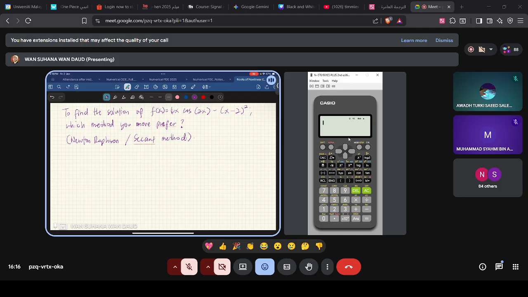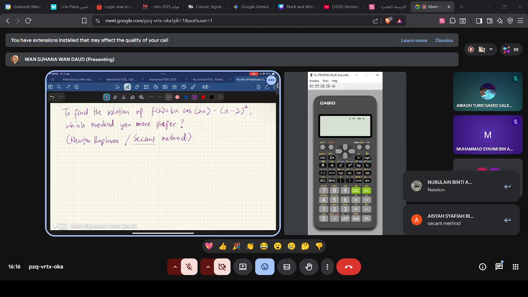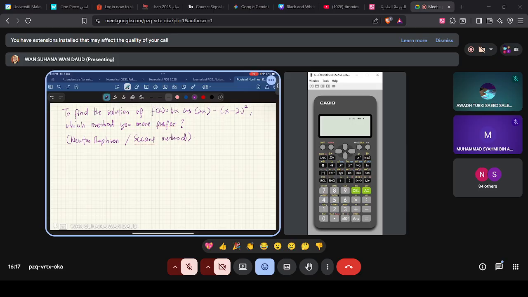No one? No answer? Okay, Yanu said Newton-Raphson. Aisha said secant method. Shami said Newton-Raphson. Nora Ain also said Newton-Raphson. Okay. More questions, more answers, please.